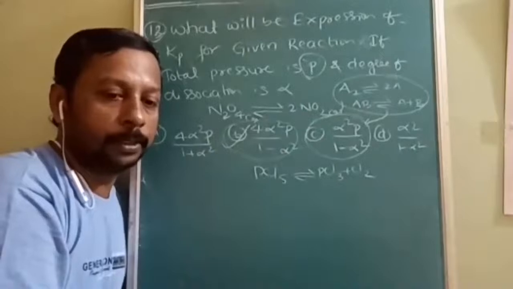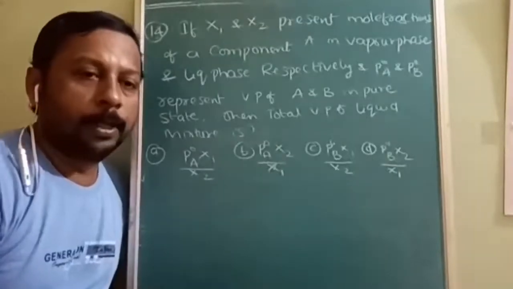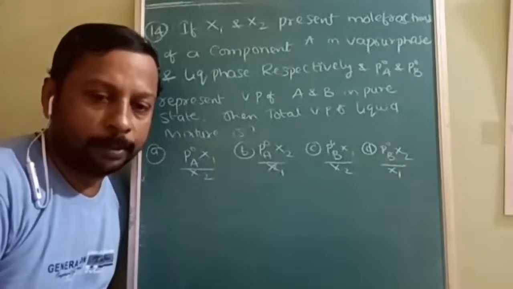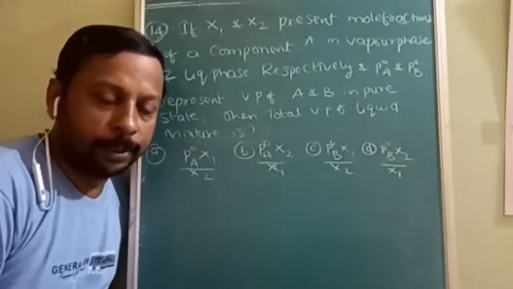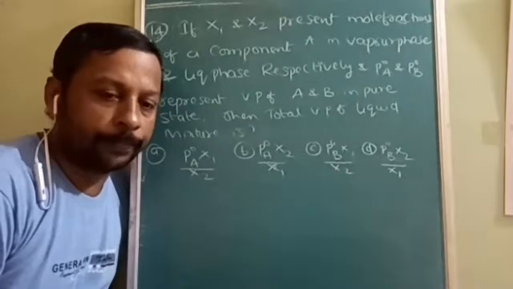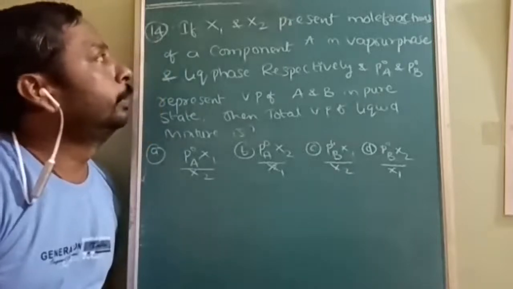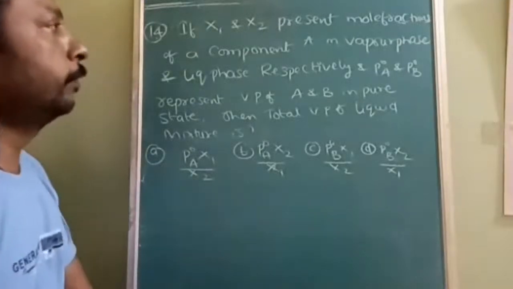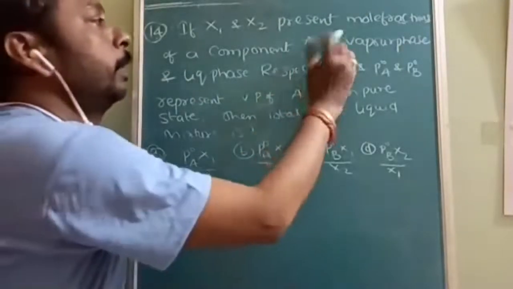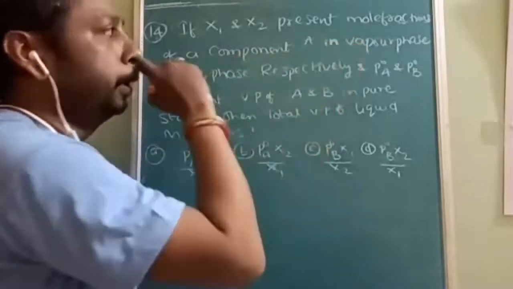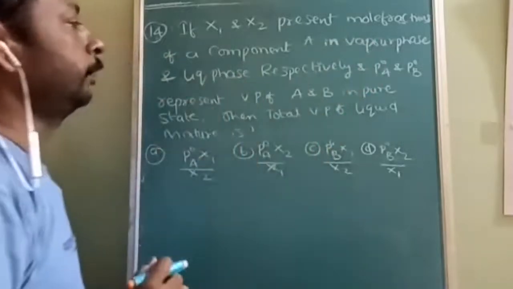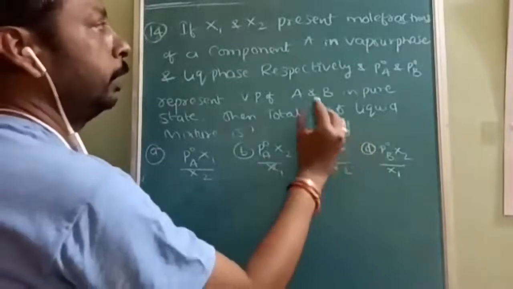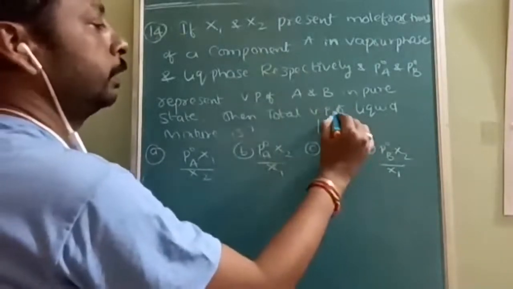Let's go for the next question. Next question is from the liquid solution chapter. According to this, X1 and X2 are the mole fractions of component A in the vapor phase and liquid phase. Let us take this as the container. In the vapor phase, this is X1.